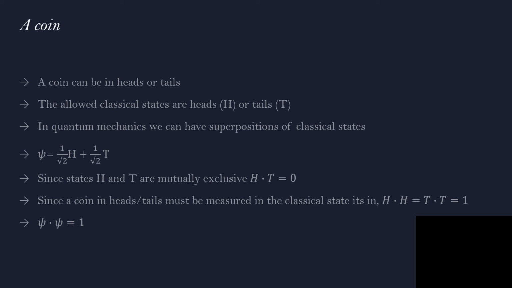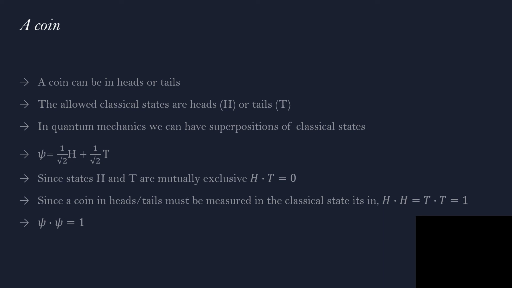And we therefore say that this state vector is normalized because the inner product of it with respect to itself is 1. And because of the two properties of the classical states that we mentioned, so the inner product between H and T equaling 0 and the inner product between H and H or T and T equaling 1, we say that these classical states are orthonormal.